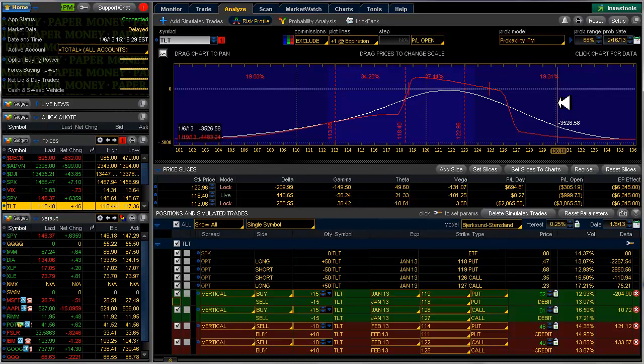Just keep in mind as you go forward with this that you keep allocating as TLT moves back and forth, and you shouldn't have all this money tied up in this. This is just way too much money tied up in it. So continue to bail if TLT keeps going down.